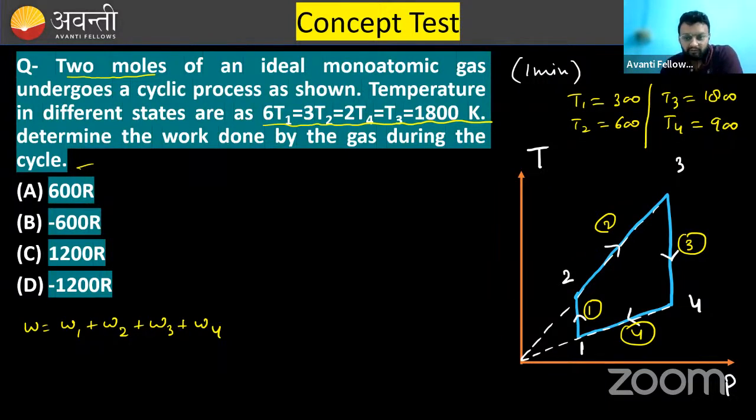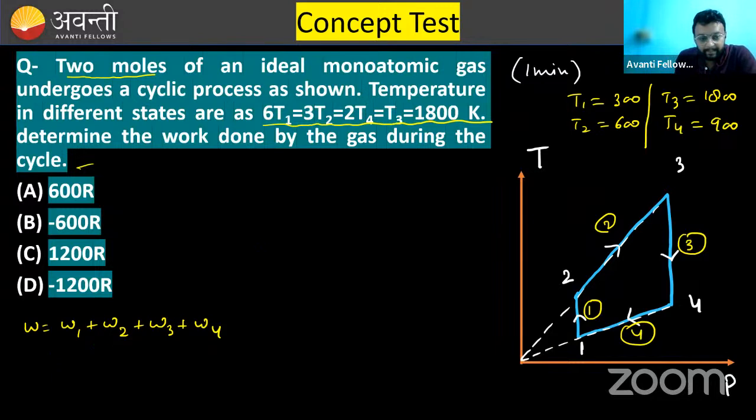Now, identify the process. You can see that for process 2, the graph is starting from the origin, which means P is proportional to T. And if P is proportional to T, that means this is an isochoric process, and you should identify these equations.